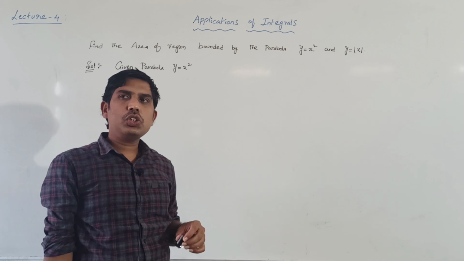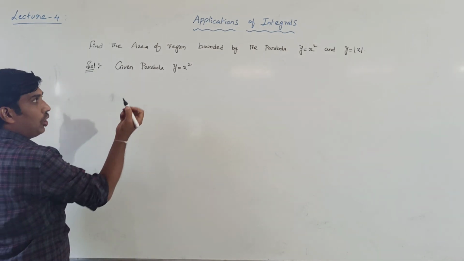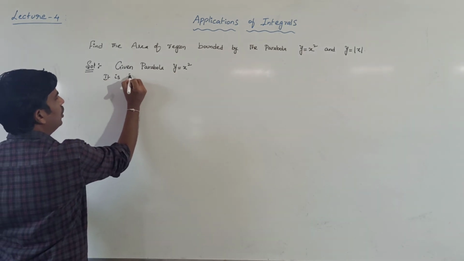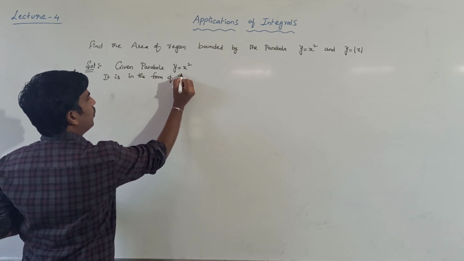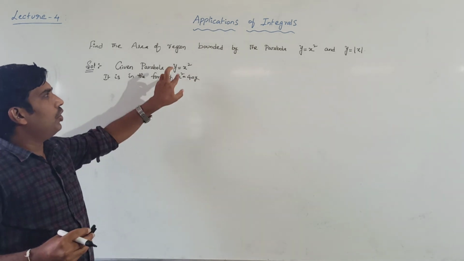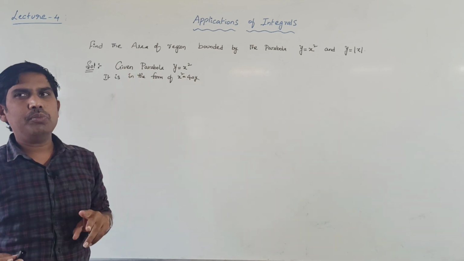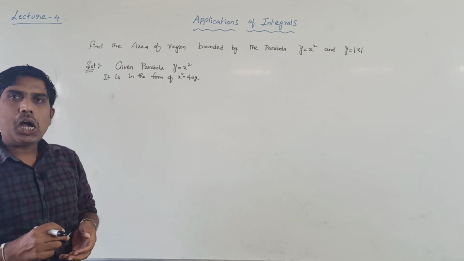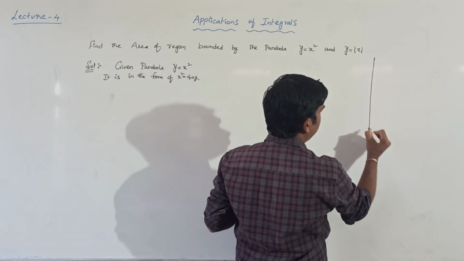We have 4 forms of parabola, and among those, you write down that it is in the form of x square is equal to 4ay. So if x square is equal to y, then it comes to your mind that it is in the form of x square is equal to 4ay, which represents an upward parabola. So therefore, here draw the diagram.